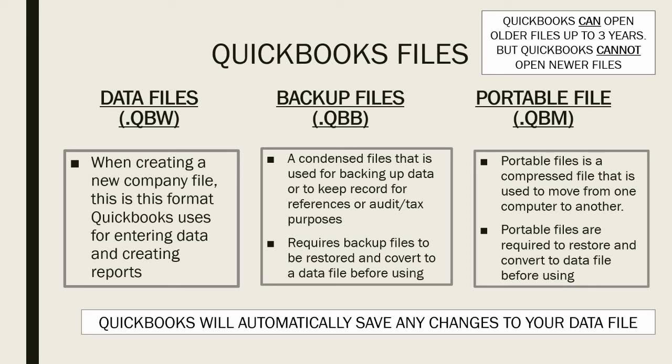So that's why they created the portable file, to make it a compressed version of a copy of the working data file to be able to send it over the internet. And again, when you send it over and the other person opens it, it creates a new working data file from it.